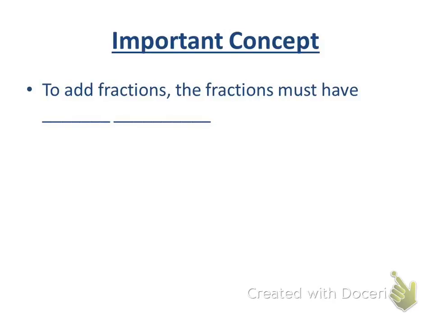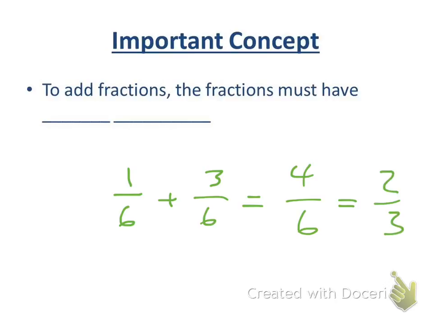So if we had something like 1/6 plus 3/6, we get 4/6, which simplifies to be 2/3, and we always need to make sure that our fractional answers are simplified. That's true for algebraic fractions. It's true for regular fractions, either way.